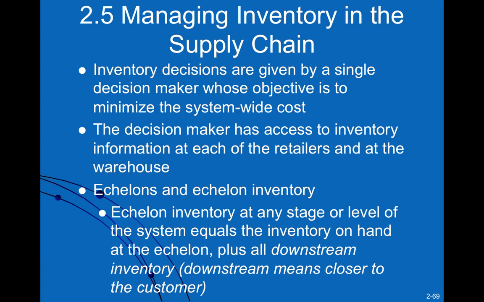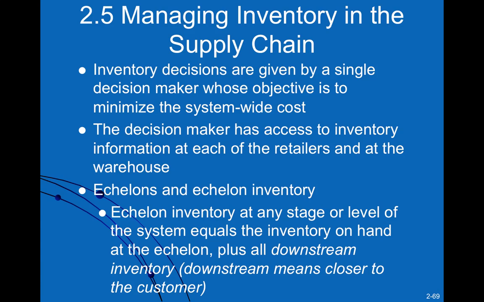If you go back to the manufacturer, then the echelon inventory at that stage is all of the inventory in the supply chain, because it includes the manufacturer's inventory plus the inventory of all the downstream facilities. All right, so managing that, of course, adds some complexity.